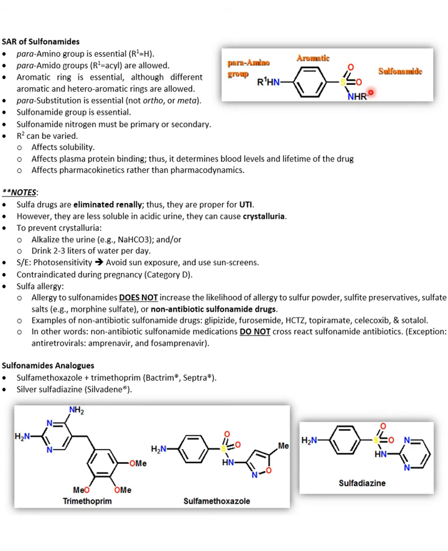So we're only left with this group here that allows the substitution, where we could increase solubility, increase binding to plasma protein, or any of these factors that improve the pharmacokinetic properties. In fact, the variations on R2 are mainly to improve the pharmacokinetic properties, such as solubility, binding to plasma protein, and staying longer in the body.